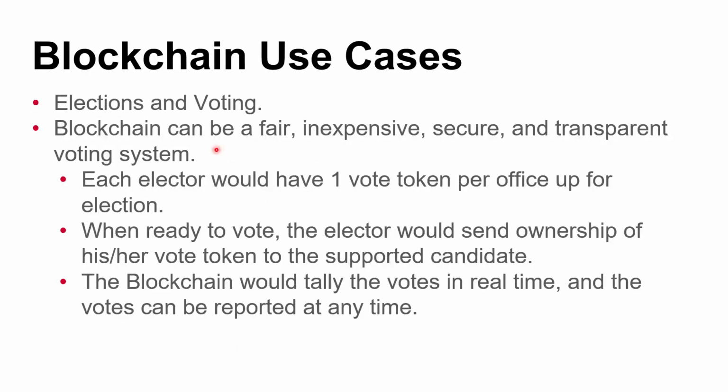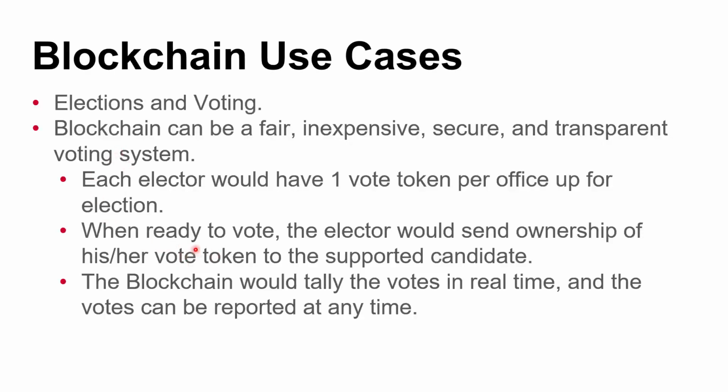Elections and voting. So a blockchain can be a fair, inexpensive, secure, and transparent voting system. In this particular case, each elector would have one vote token per office on the election. So if there's a congressman up for election, a mayor up for election, and a U.S. senator up for election, that would be 3 tokens.